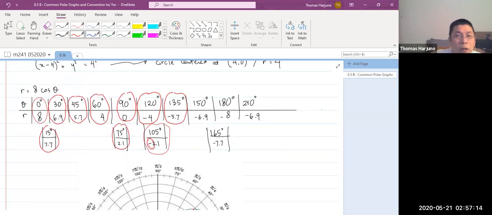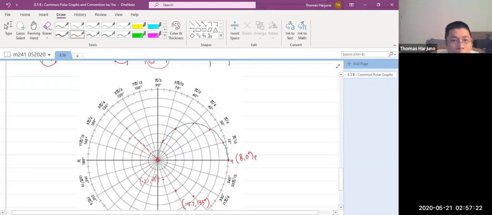For 150 degrees, negative 6.9. So this one here, 150 degrees, I need to go backward negative 6.9. So there will be 1, 2, 3, 4, 5, negative 6, almost negative 7.